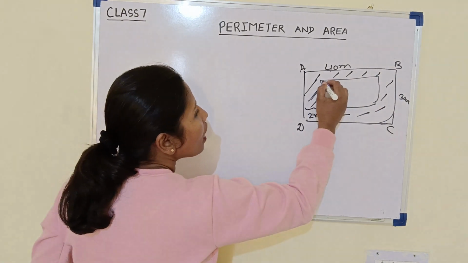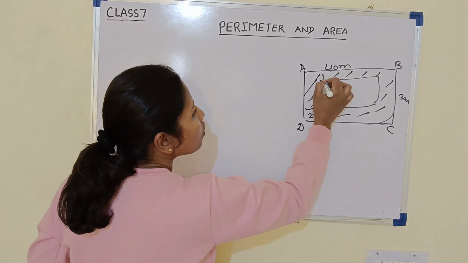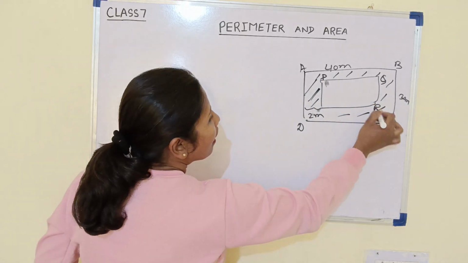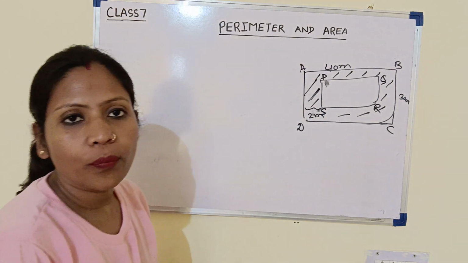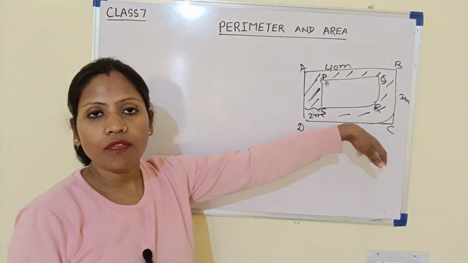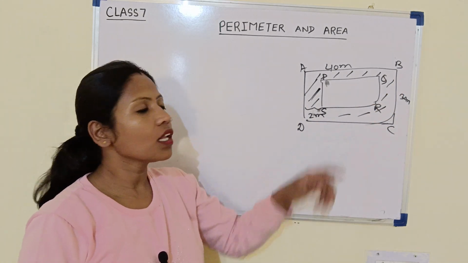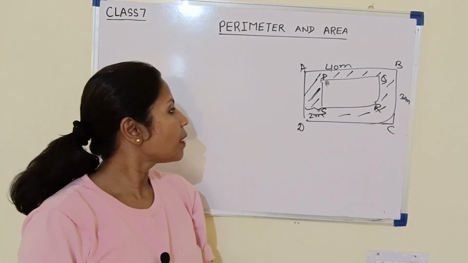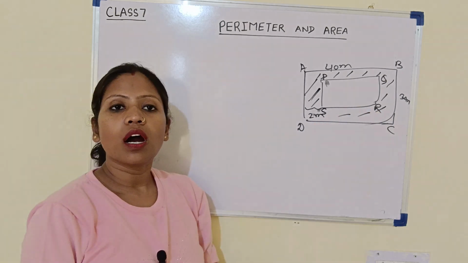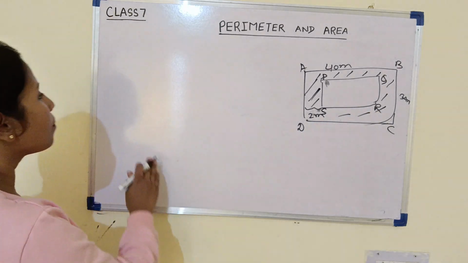So how will you do it? So now you have to find, suppose make it as a PQRS. Now what you have to do? Find the area of the longer rectangle, that is ABCD, and then you do minus PQRS. ABCD minus PQRS.